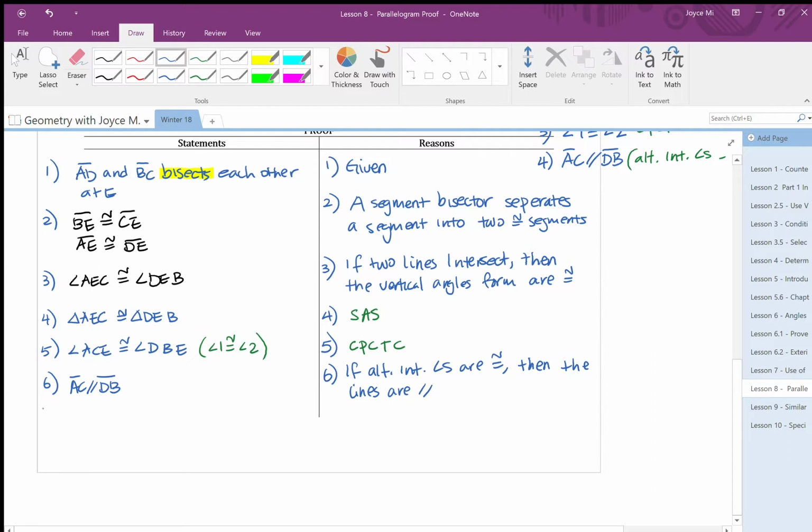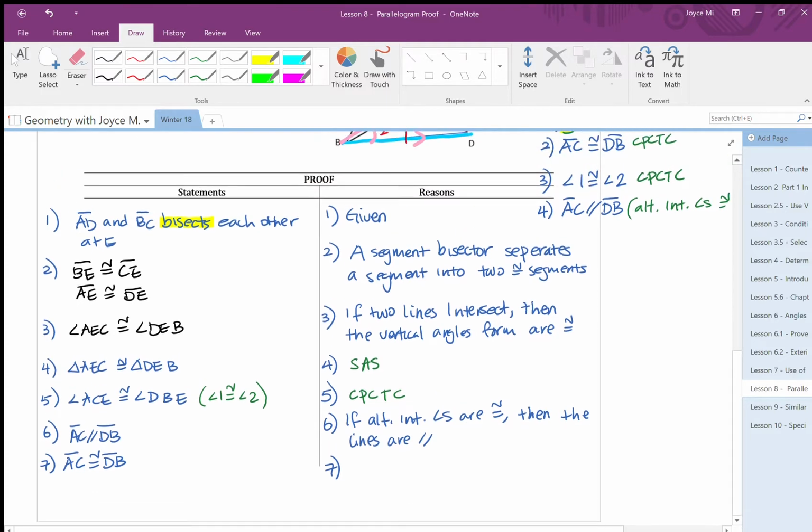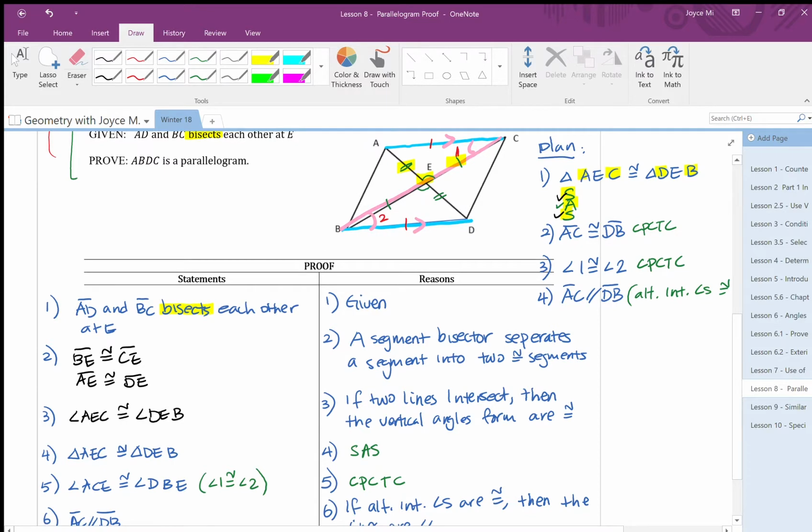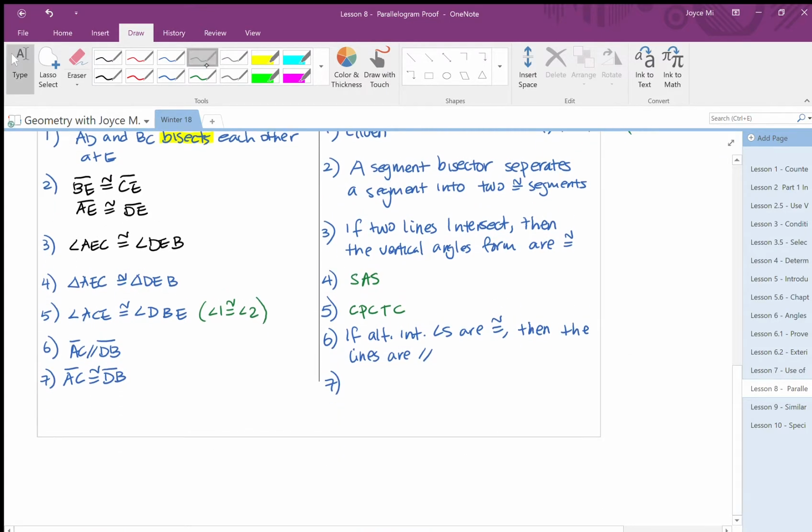So number 7, I could say AC is also congruent to DB. Remember that AC and BD are parts of the triangles that are congruent, so this is also true by CPCTC.